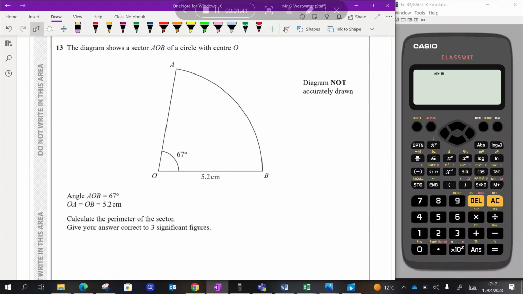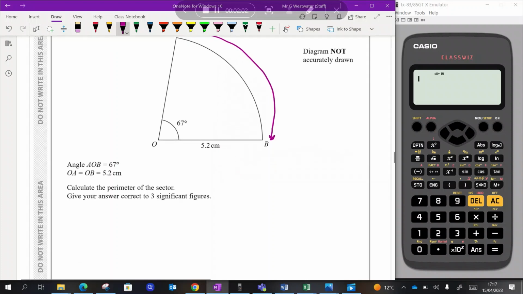So in question 13 we have a sector. So here we're being asked to work out the perimeter, and that's not just this length, this arc length, but it's the whole way round. And we'll start with the arc length, but then we'll carry on with the full perimeter in a second. So this is not a full circle, it is 67 degrees of a 360 degree circle.